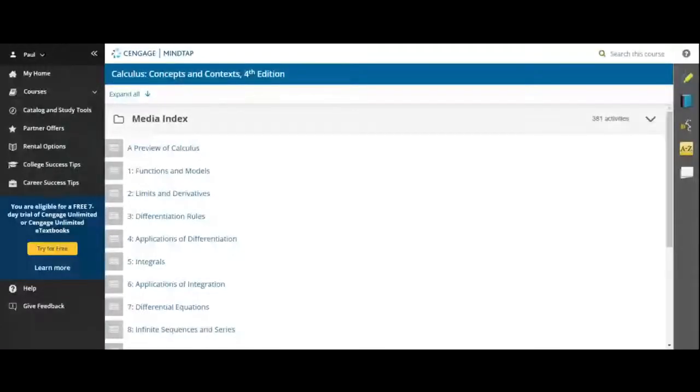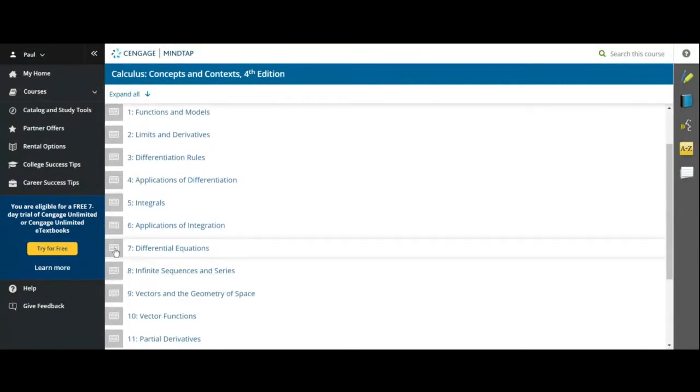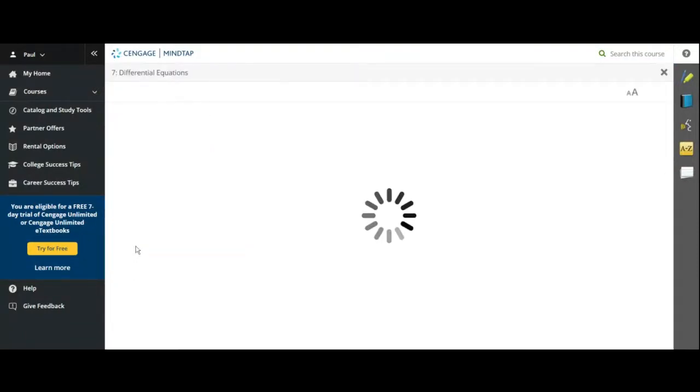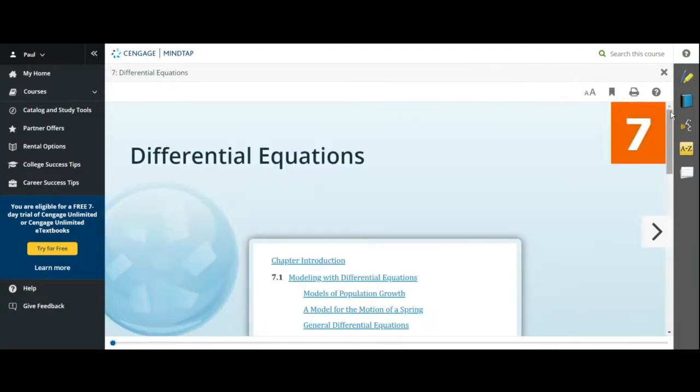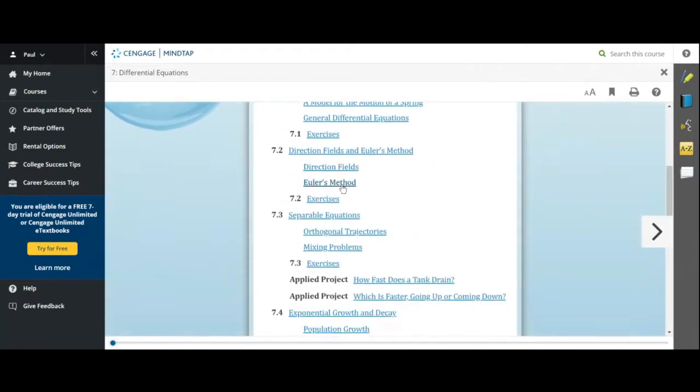All right, share the application, Chrome. Okay, so I'm in the ebook here, and I'm going to chapter 7. Let me get the menu open there. And we'll go right to Euler's method.